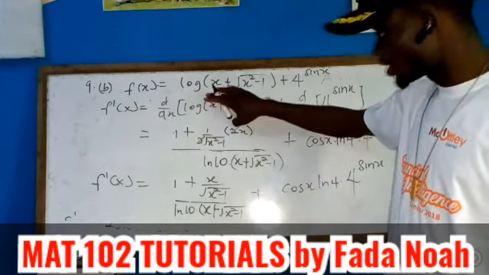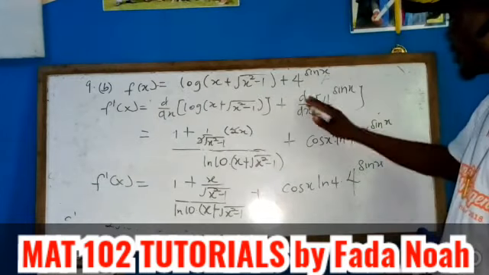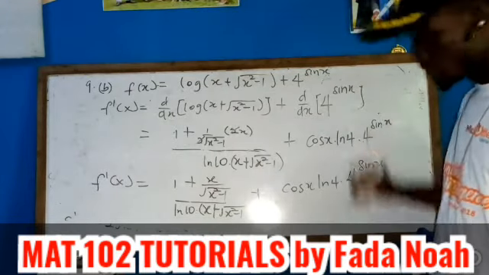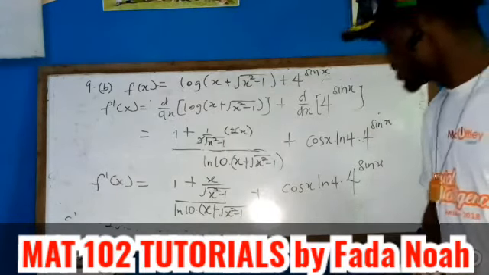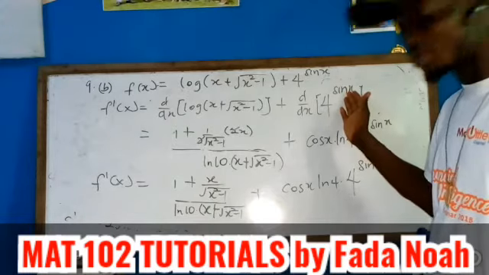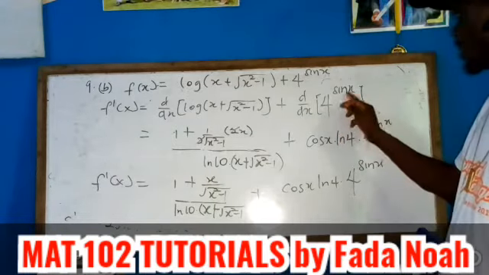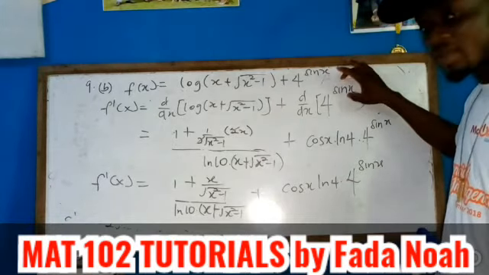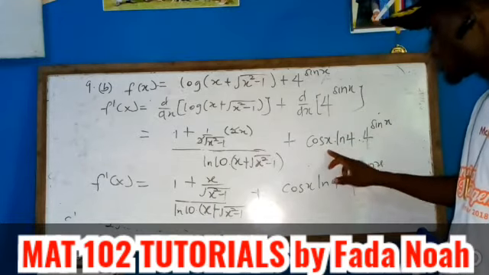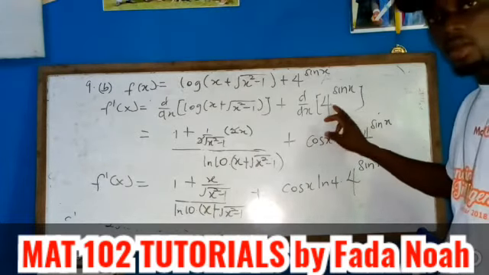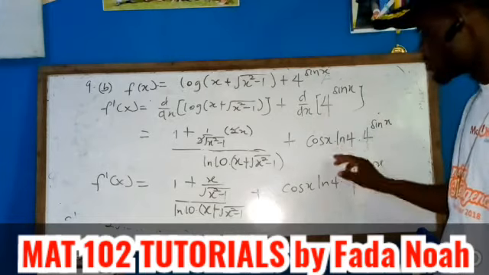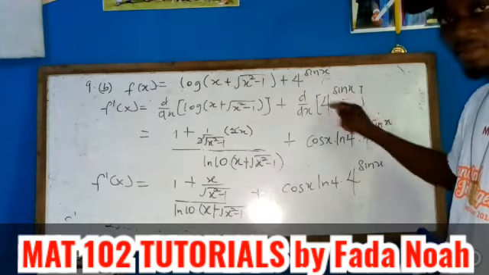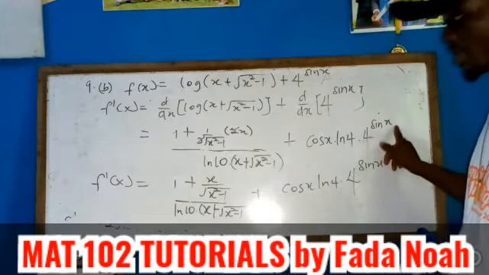So we are done with the first part, and the second part we have d dx of 4 exponent sine x. Okay, and this one too, there's a rule for finding it. It says that when you have a constant to the power of a function, find the derivative of the exponent. So we differentiate sine x, and you get cos x, times ln of the constant, so ln 4, times the original function, which is 4 exponent sine x.